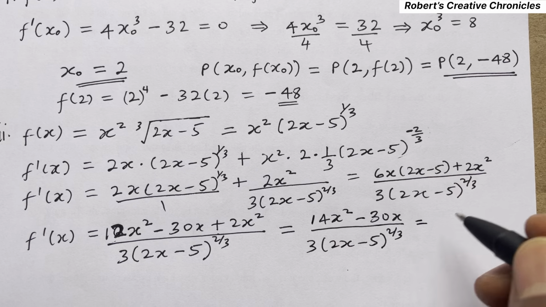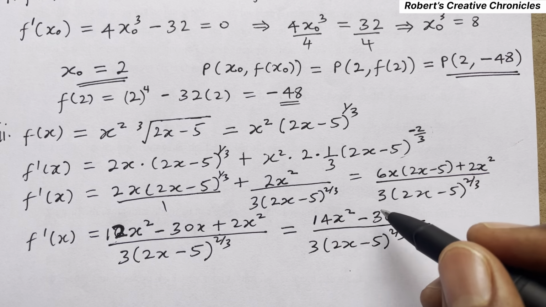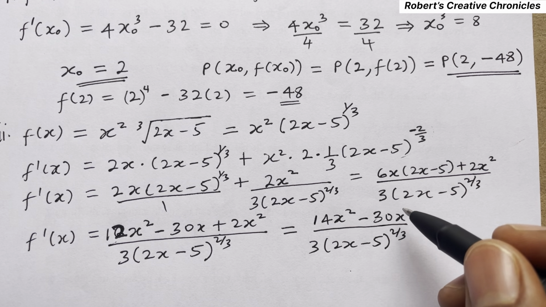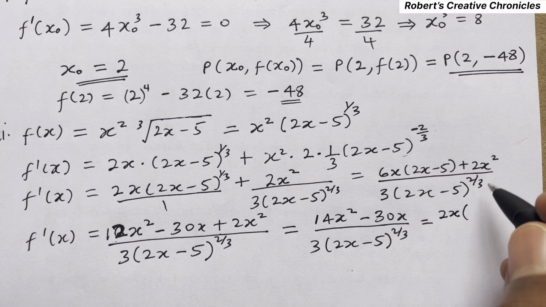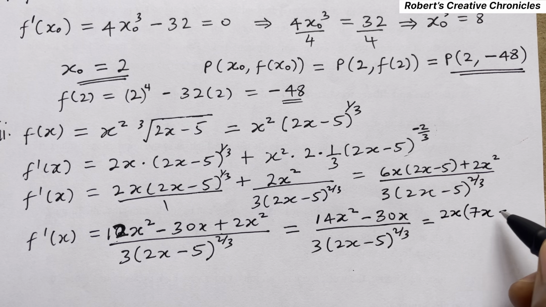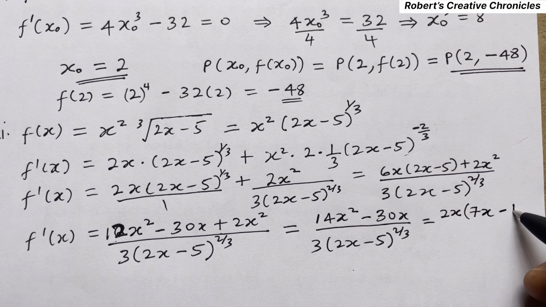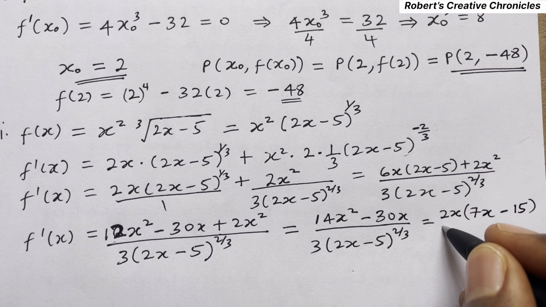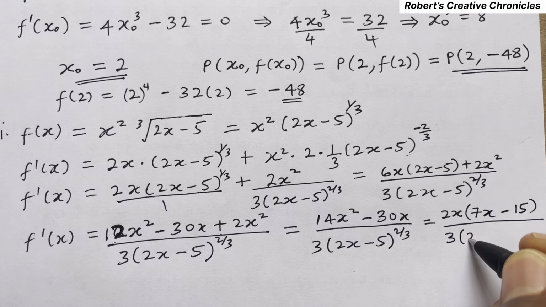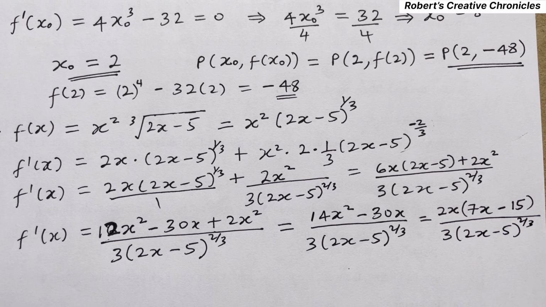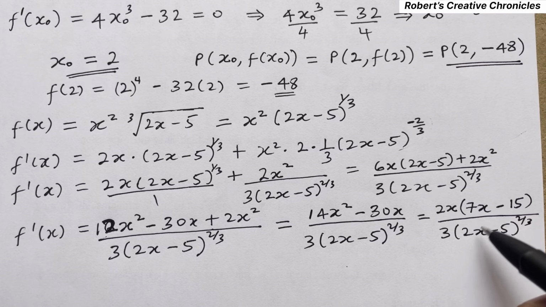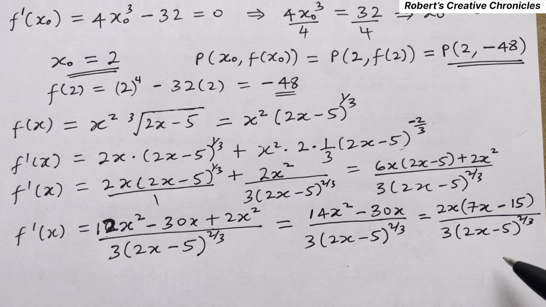Then this becomes what? If you factorize this, 2x will enter both of these, so it will be 2x. This becomes what? 7x minus 15 over (2x minus 5) to the power of 2 over 3. So this is the function we are going to equate to 0.